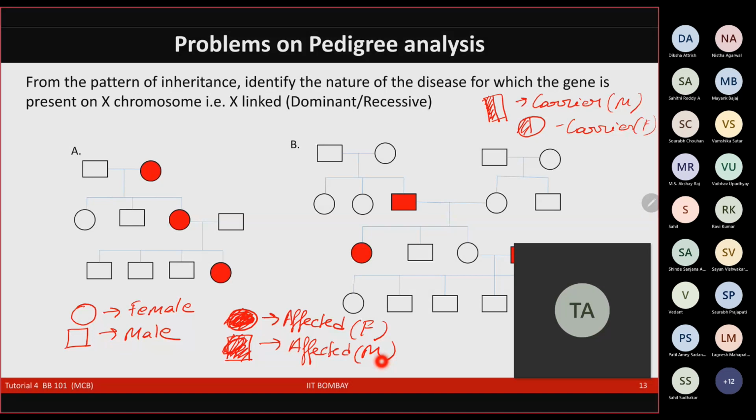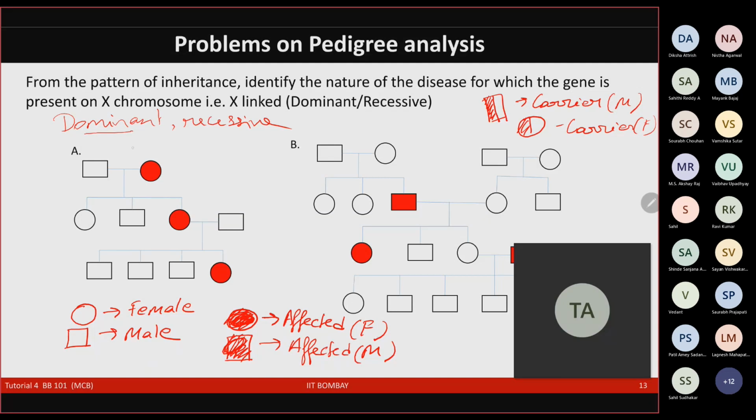But the main terms you have to remember here are dominant and recessive. Sometimes you have genes for a disease. If the gene is a dominant gene, that means if the person has one copy of the gene, the person is going to be affected.